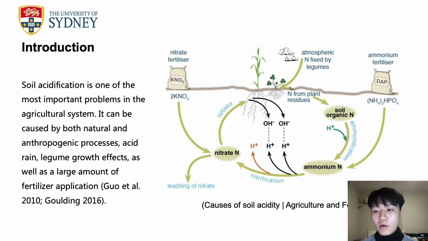What's more, various acid-causing substances like sulfuric acid, nitric acid, and ammonium salts all lead to decreases in soil pH. More importantly, this condition will not only affect plant growth but also affect the microbial biomass and enzyme activities. Therefore, in order to solve this problem, liming is necessary.